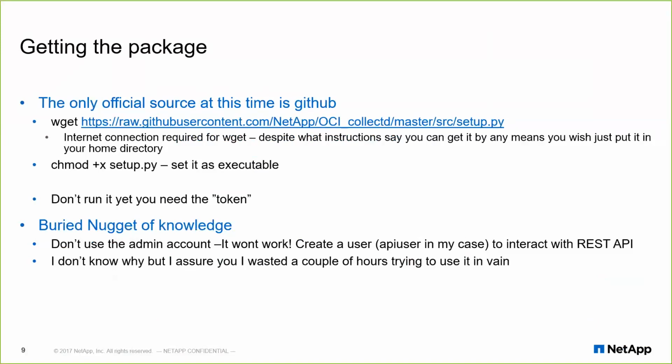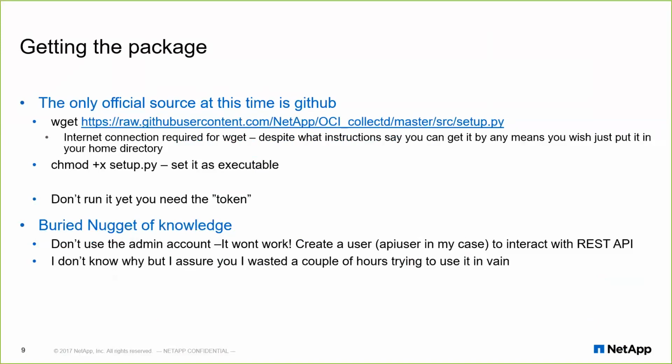Then the next thing you want to do is make sure that you set it up for execution. As it comes down, it's just a file. You have to use chmod +x, which means executable, on setup.py to set it as an executable file for when we want to run it. Don't run it right after you get it down. You don't have all the information required to run the setup.